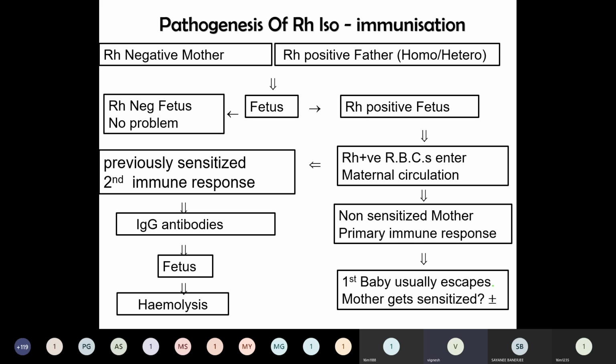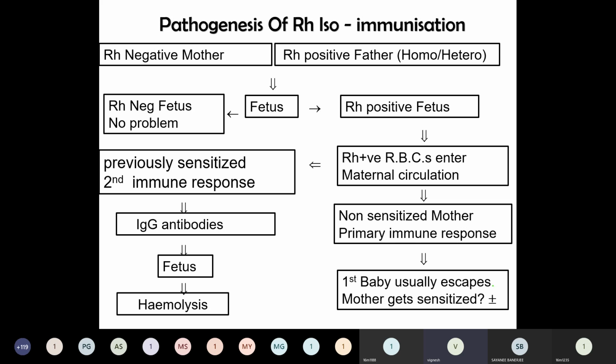If the Rh positive RBCs enter into the maternal circulation in a previously sensitized woman, there is a secondary immune response. So the IgG antibodies freely cross the placenta, affect the fetus, resulting in hemolysis.